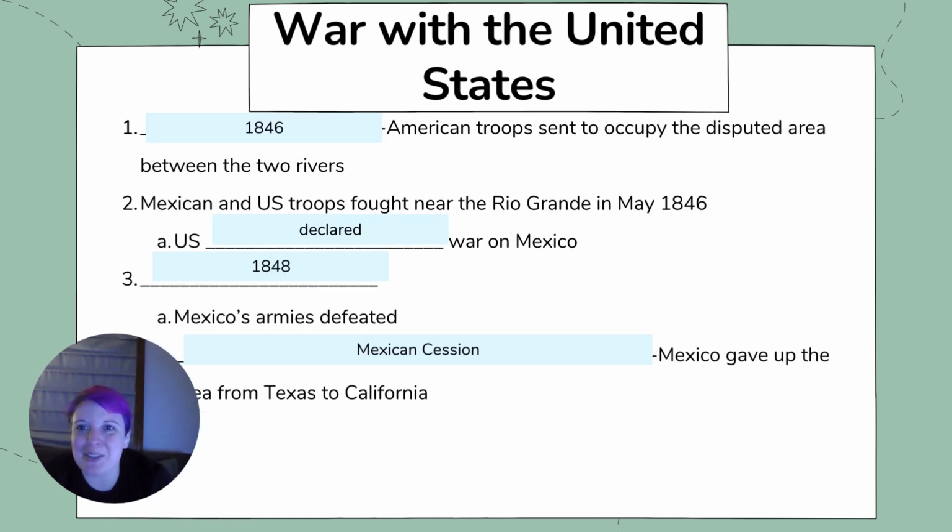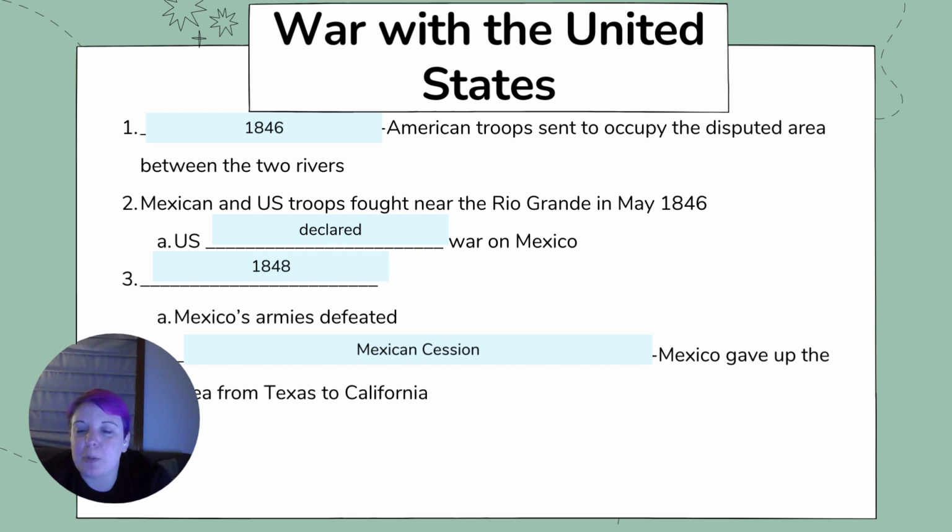As you can imagine, the United States didn't like that Mexico was trying to take some of the land that they thought was theirs, and Mexico didn't like that the U.S. was taking the land that they felt was theirs. So in early 1846, American troops were sent to occupy the disputed area between the two rivers. When Mexican and U.S. troops fought near the Rio Grande River in May of 1846, the United States formally declared war on Mexico.